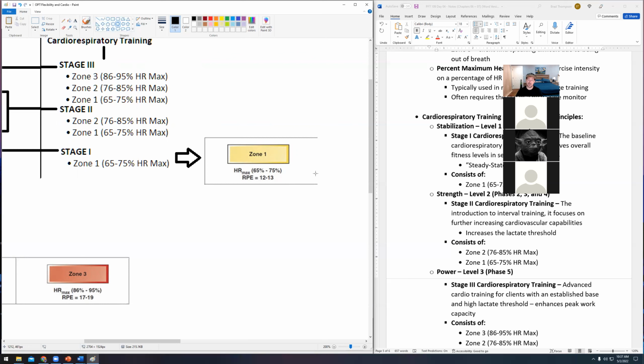The rating of perceived exertion scale is 6 to 20. So that's like a 5 or a 6 on the scale of 1 to 10, right? Maybe a 6 to 7, although 7's pretty high. So that's what we mean when we say zone 1.